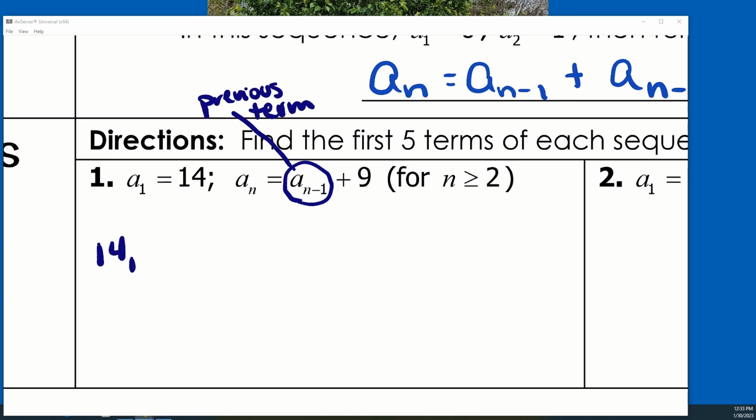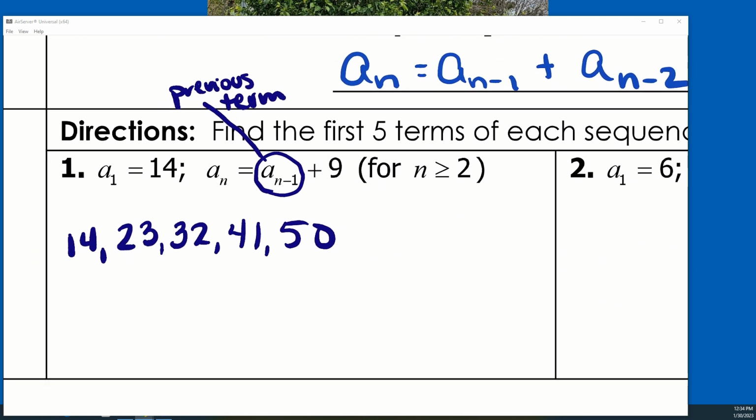So the first one is 14 because they tell us that. You have to be told that. And then we add 9 and get 23. And then we add 9 and get 32. And just keep adding 9 until you have 5 terms. That's it. Now, sometimes they're more challenging than that one. There's more stuff you have to do, but that's pretty much how you do it.